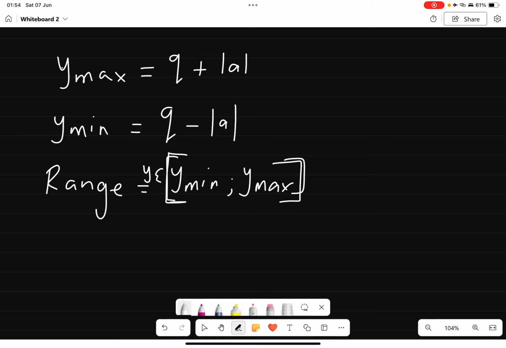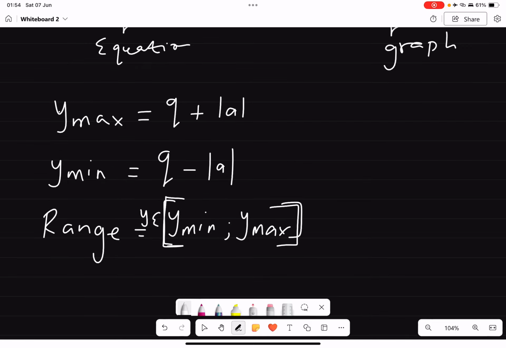Right. And the domain is usually given, which refers to the x values of all real numbers, right? So the domain is always going to be given to you in your questions.